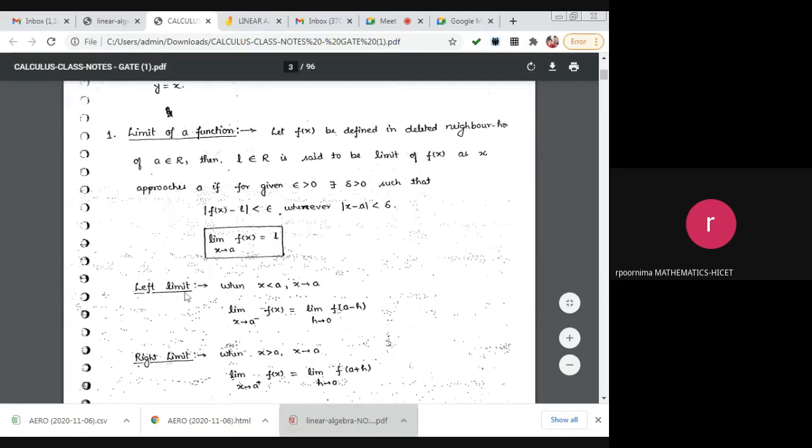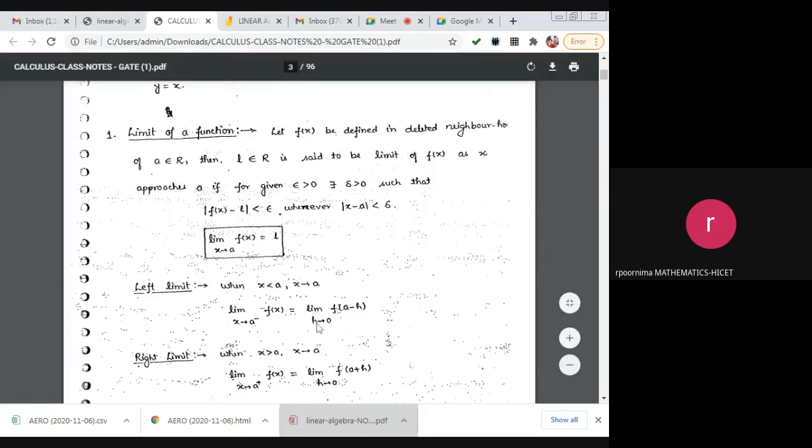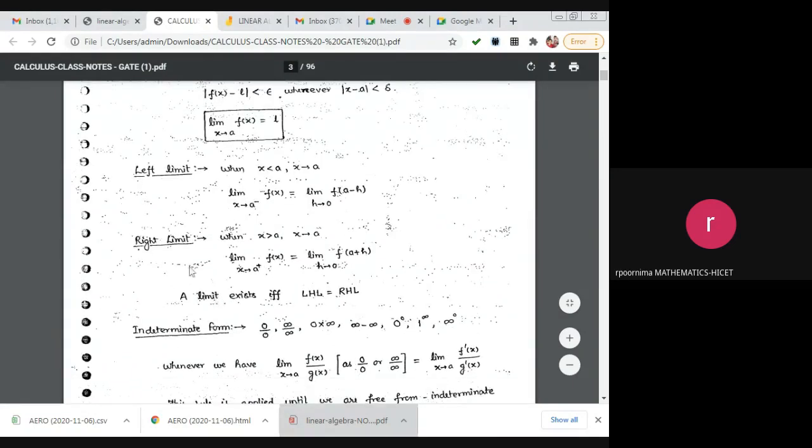Then left hand limit and right hand limit. Left hand limit: when x is less than a, or x tends to a from the left, limit x tends to a minus of f of x is equal to limit h tends to 0 of f of a minus h. That is called the left hand limit. Right hand limit: when x is greater than a, limit x tends to a plus of f of x equal to limit h tends to 0 of f of a plus h.